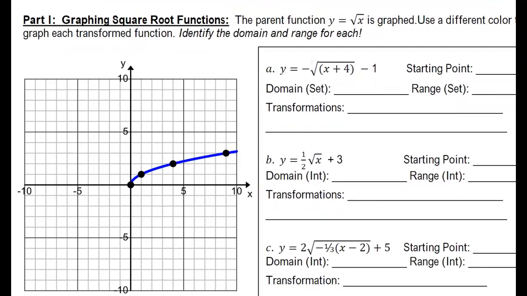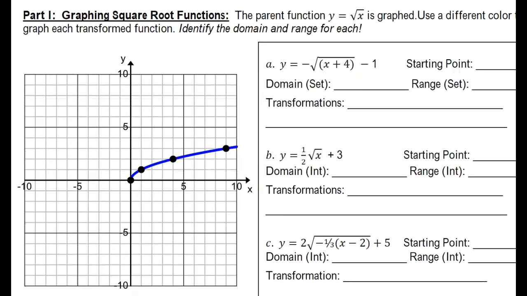Now, what's graphed on your paper is the what of the radical functions? The parent function. Yes, this is our parent function. The blue line is our parent function. I'm going to write blue line is parent function. Where does the parent function start?